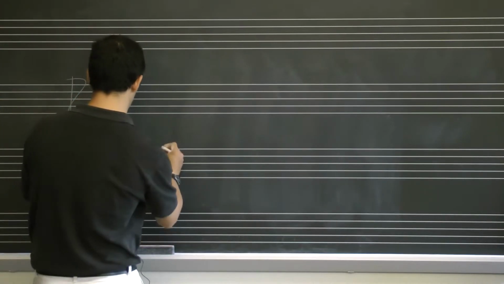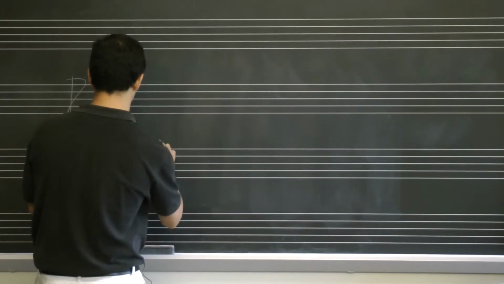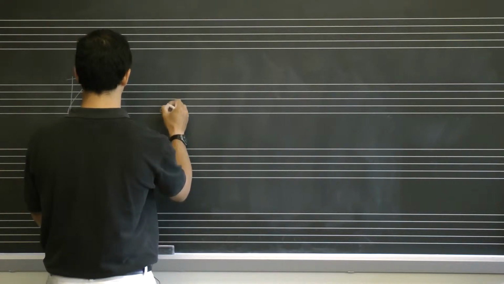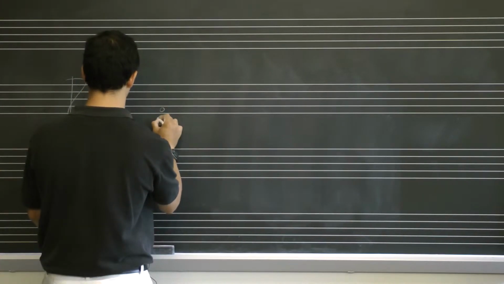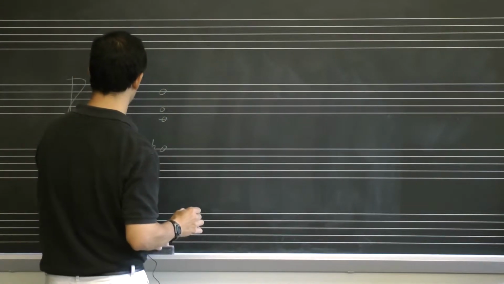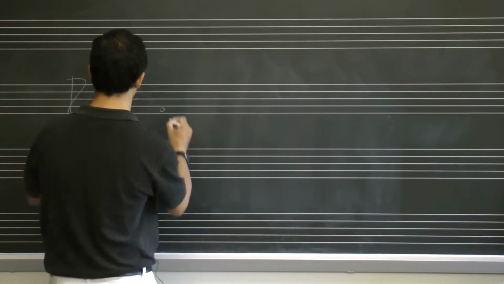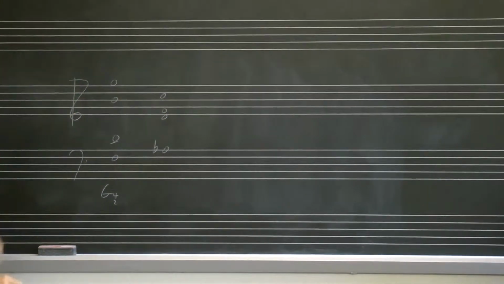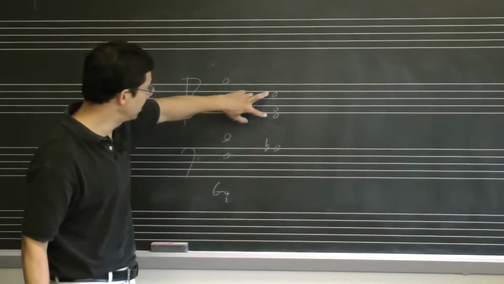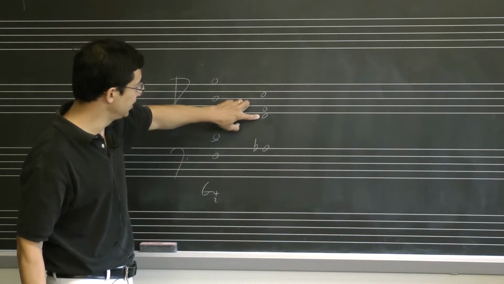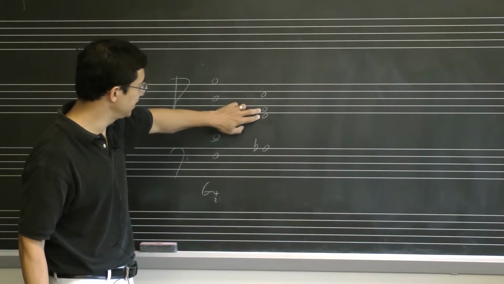Similarly, we could look at something like this. Actually, let's change this for the heck of it. Okay, we could look at something like this. And as soon as you can spot the seventh there, you know that's the root. Okay, that's the third. It's a minor third.